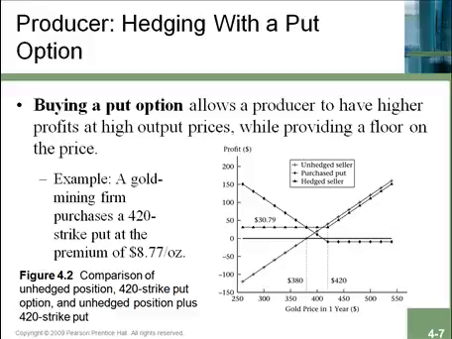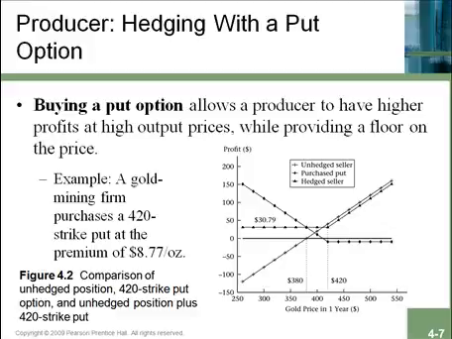Of course, if the market price ends up being more than $420 per ounce, then the put option will just expire out of the money, and that's actually all the better for Gold Diggers, because then they'll get to sell the gold that they've produced at an even higher market price. But the put option acts as insurance against a drop in value of gold.